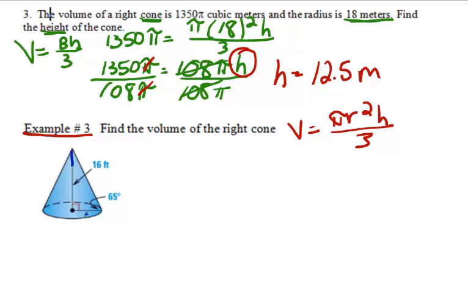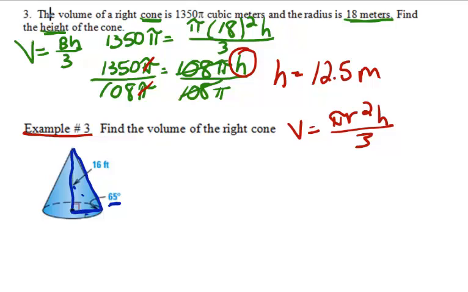I have an angle measure. And so we have to be able to visualize here, and I will draw it, that here's the height of my cone, right there. And then if I look at that radius, that's a right angle, isn't it? And show me that in red, that's a right angle. And so I get one of these right triangles that I can solve. So I have 65 degrees.